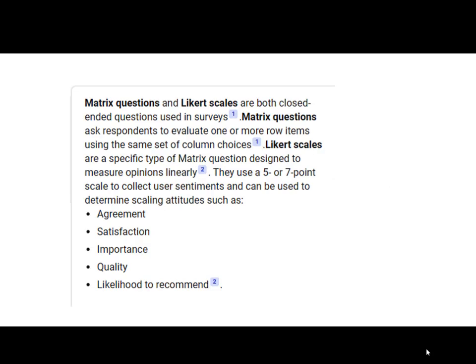If you look in literature, you will find two types of questions: matrix questions and Likert scales. Matrix questions are made to evaluate one or more row items using the same set of column choices, and Likert scales are a specific type of matrix questions designed to measure opinions linearly.